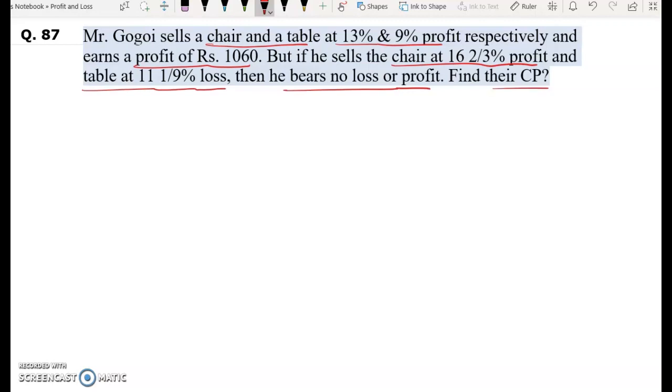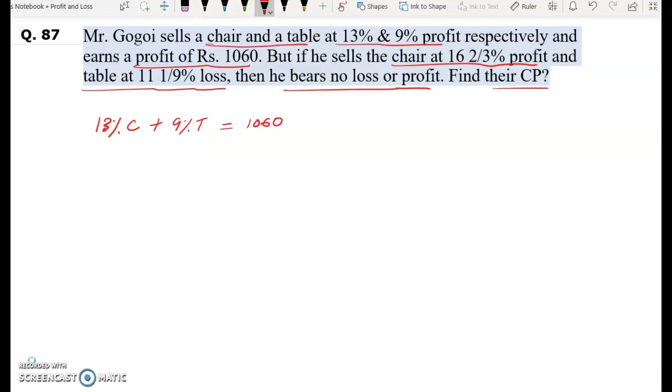Now in this question, in the first condition it says the chair and table are sold at 13% and 9% profit. So 13% of chair plus 9% profit on table. This gives a profit of rupees 1060.